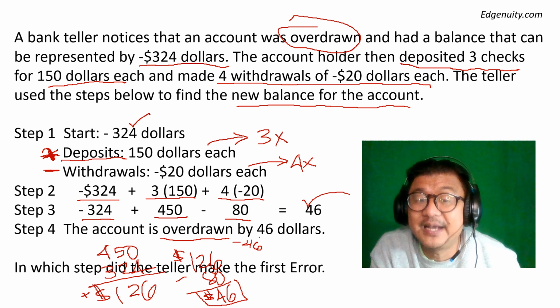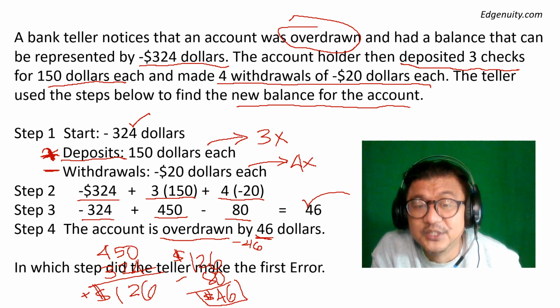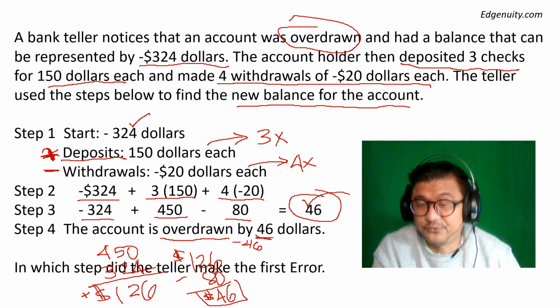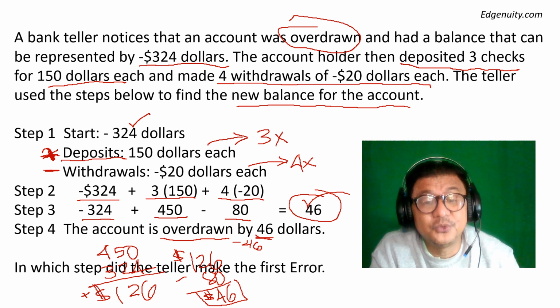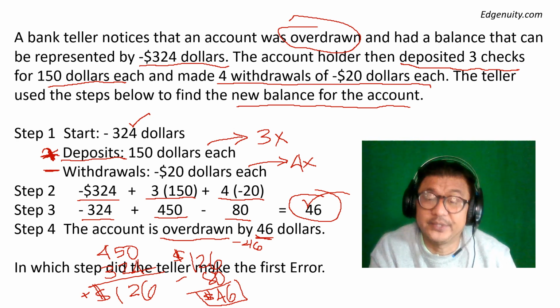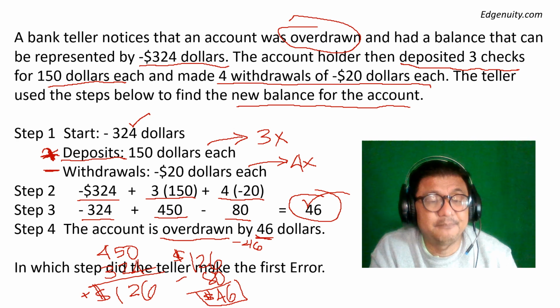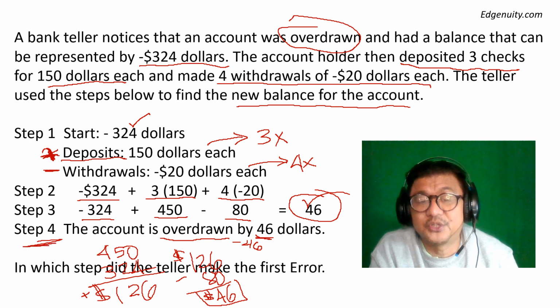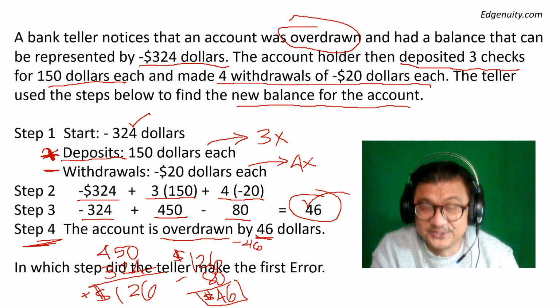You owe the bank $46. You don't owe the bank $46. You still have money of 46. You did not take more than what you have. So we can say now that the error is step number 4, right? Because you don't have an overdrawn account, you have a balance of $46.